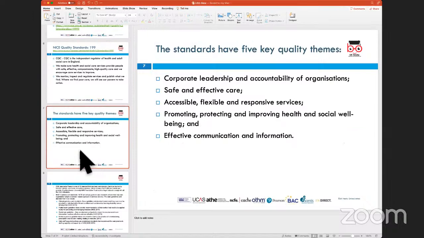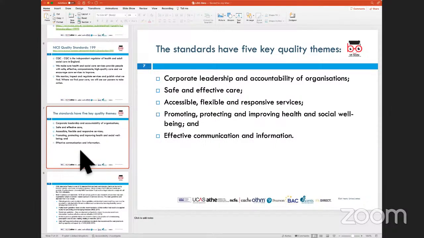Now, when we look at standards in general being formed within the health and social care sector, there are 5 key quality themes which are highlighted on the NHS England website. Now, these themes, which are basically broad pillars, include corporate leadership and accountability. They include safe and effective care. They include care which is accessible and flexible, and services which the National Health Service provides should be responsive.